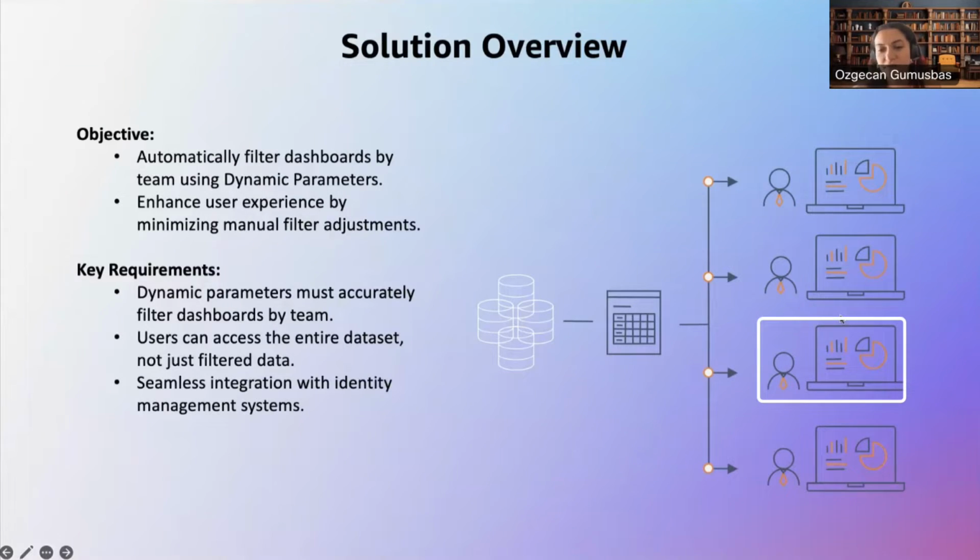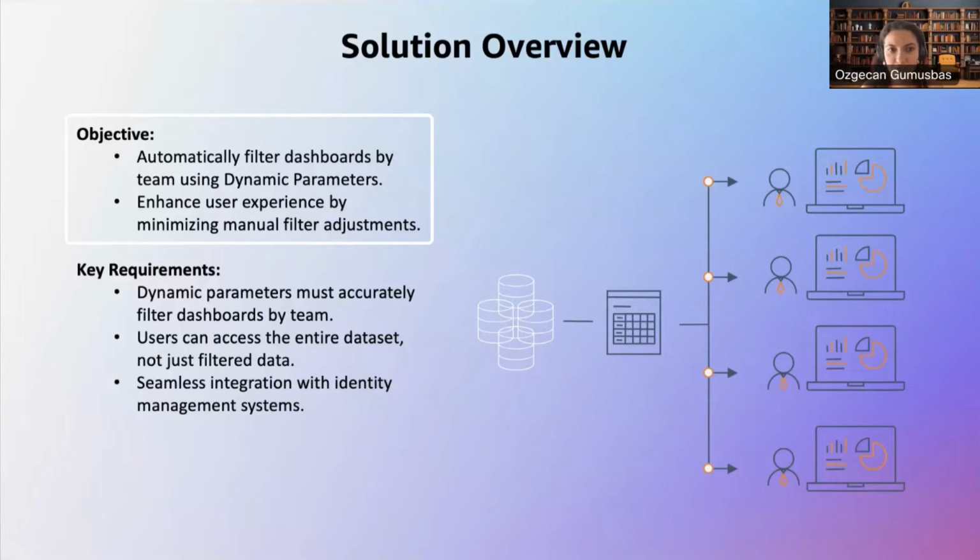And if you're in AMER and you want to focus on retail, you should only see that part. So although they have the same database, they are consuming it differently. Our objective is, again, to automatically filter this dashboard so that we don't have to manually put in effort, and also to enhance the user experience by minimizing manual filter adjustment, which, as I said before, is prone to human error.